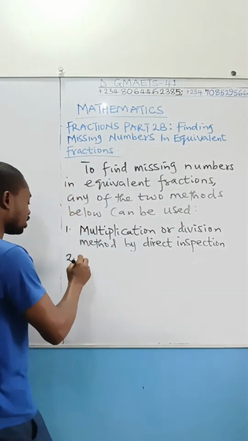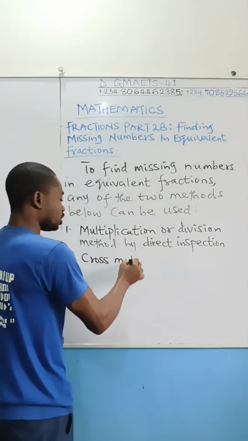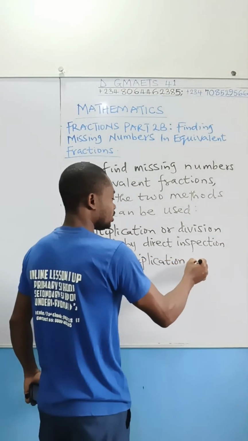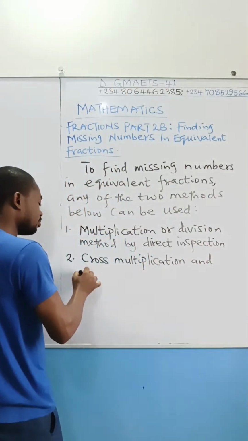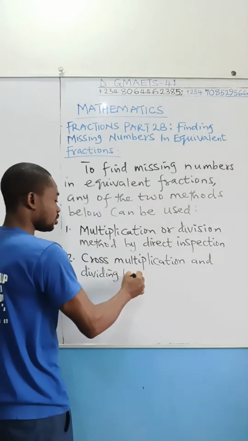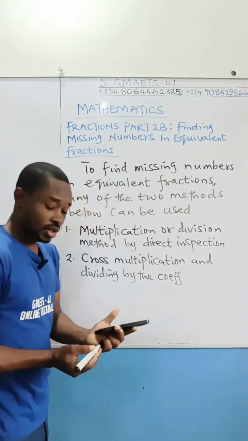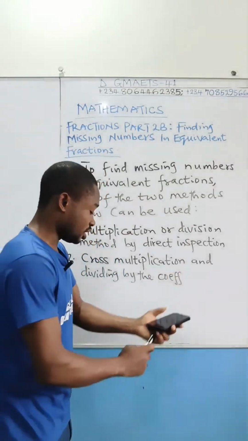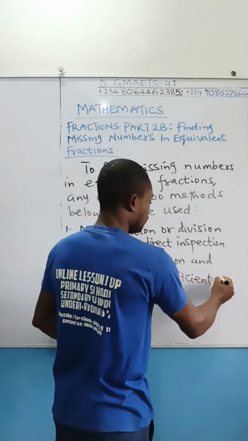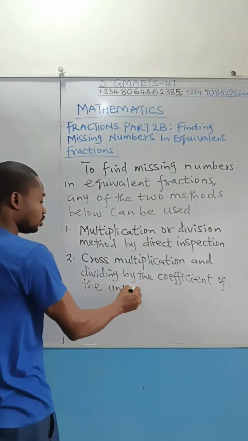So in the second method, we use the cross multiplication and dividing both sides by the coefficient of the unknown.